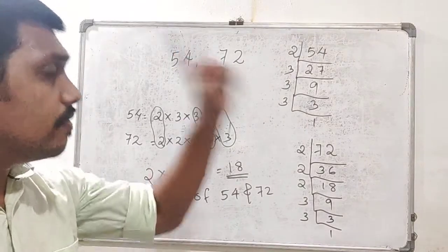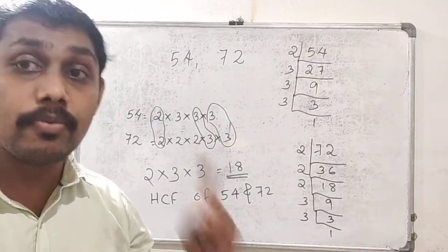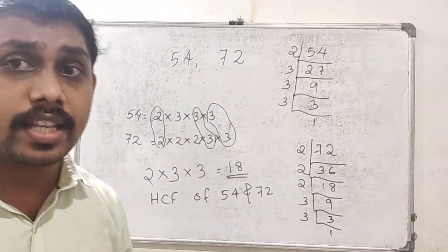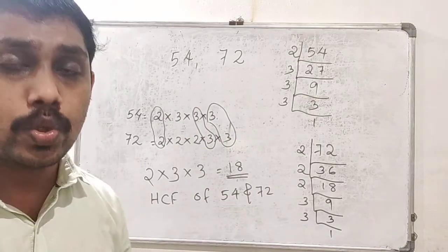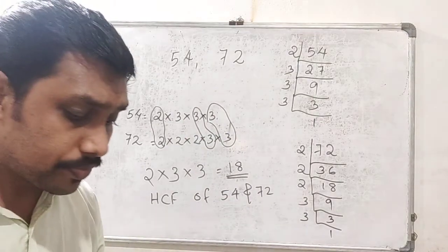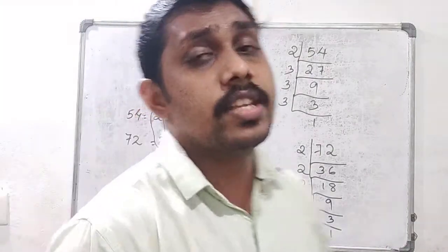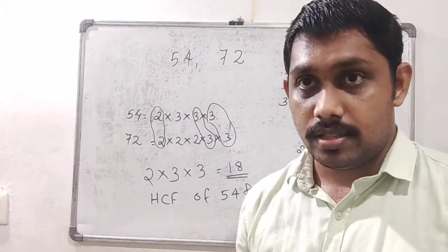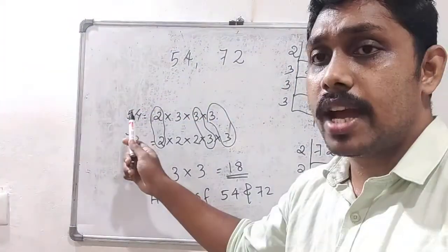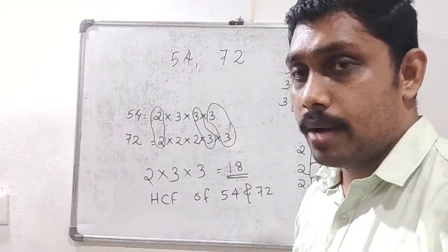This is the division method, the prime factorization method, for finding the HCF of two given numbers. What do we do? We just find the prime factors of the given numbers.